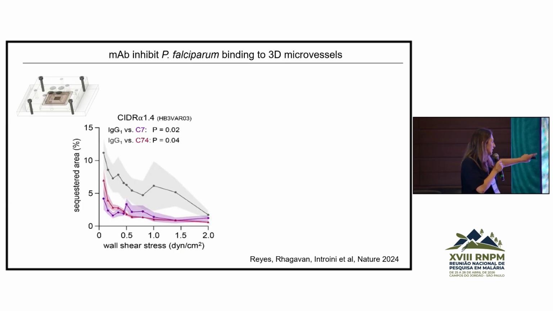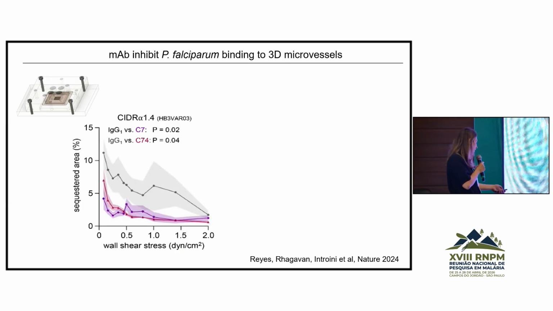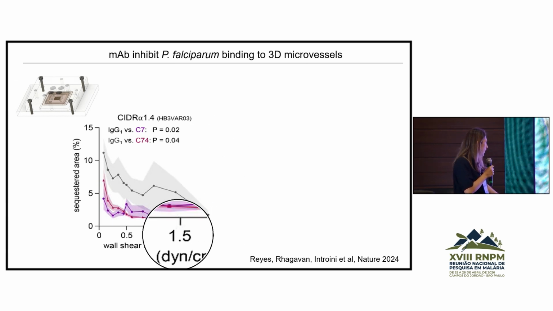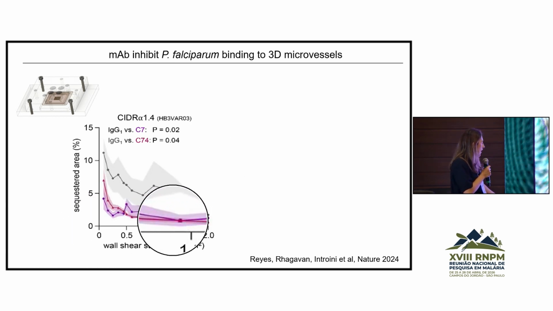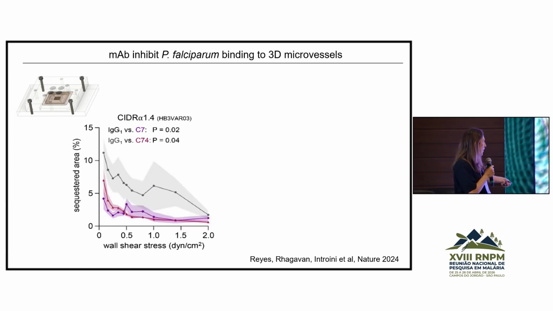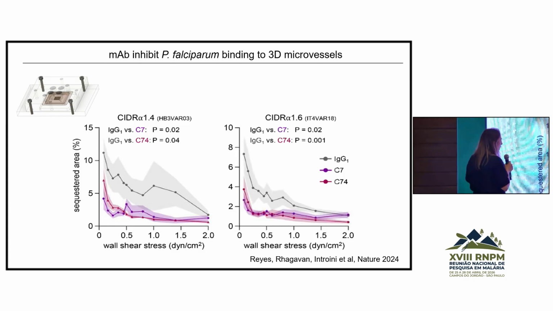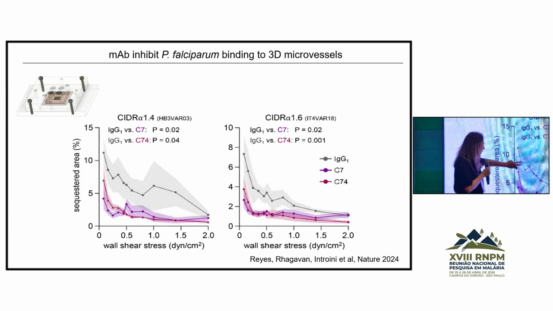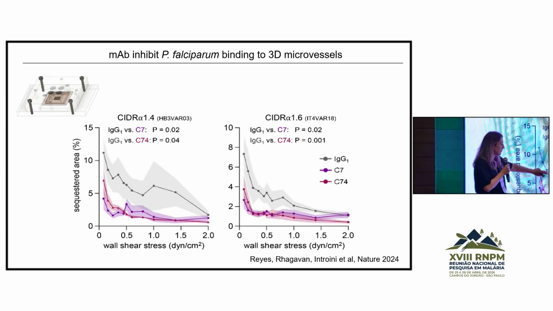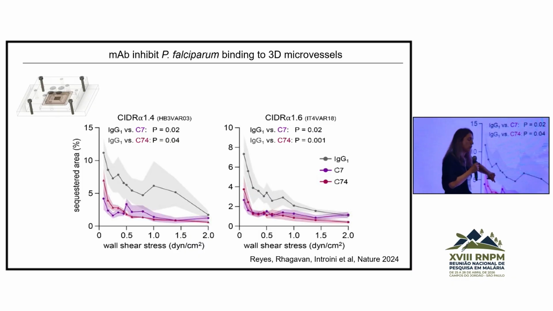And then we did this, so you can see here in this graph, here at the bottom, we have the shear stress, and what we see is that the parasite binds with this shear stress-dependent binding, so it has very high flow at low shear stress, and it binds slower when the flow is faster.